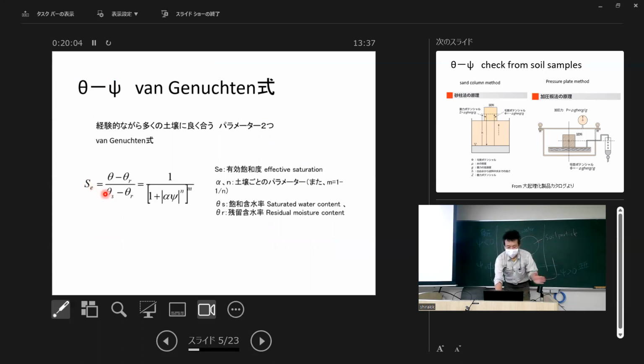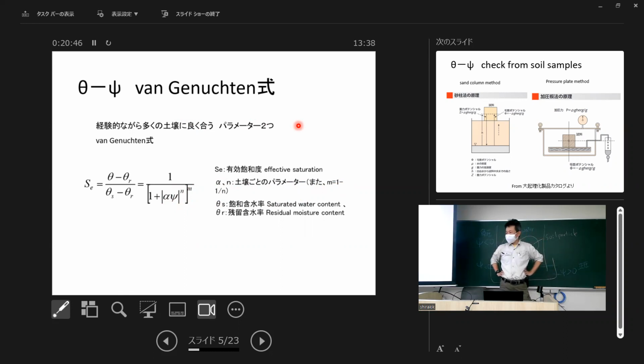1 is saturation and 0 is a very dry situation. You can easily convert Se to theta. The Van Genuchten parameters are n, alpha, and m, and m is always taken as m equals 1 minus 1 over n, so the equation has two parameters. It is the most famous one.